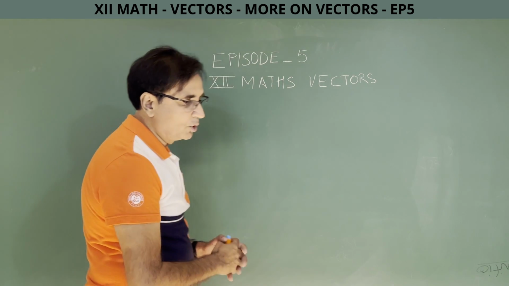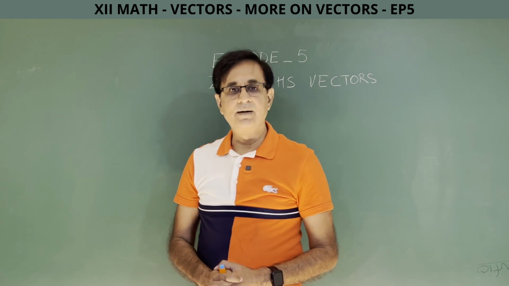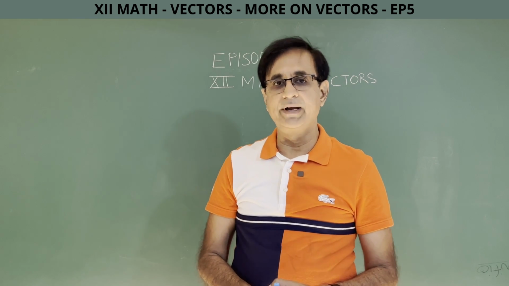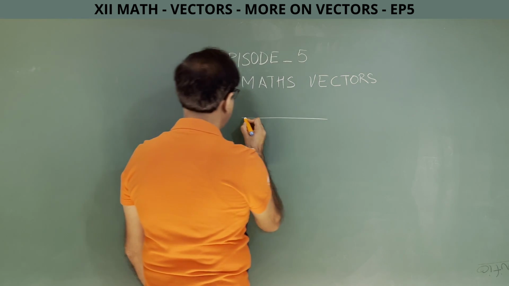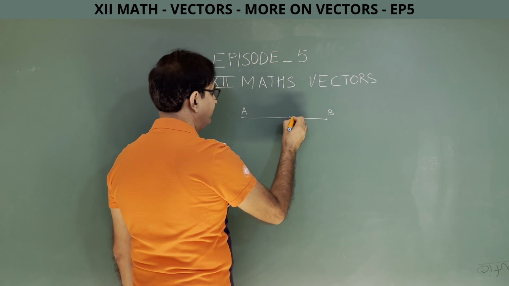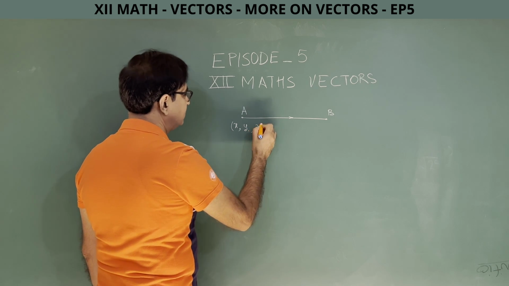So in the last episode, we did representing every vector in terms of the coordinates of the endpoints, points A and B. And let me briefly tell you what we did in the previous class. This is A, this is B. You know the coordinates of A as x1, y1 and z1.